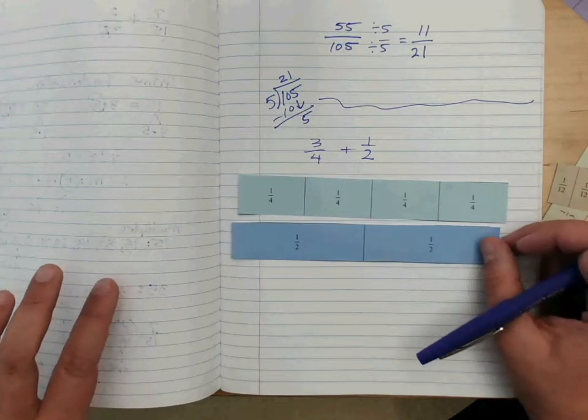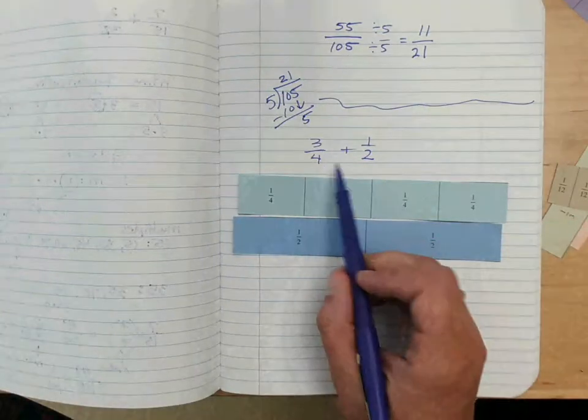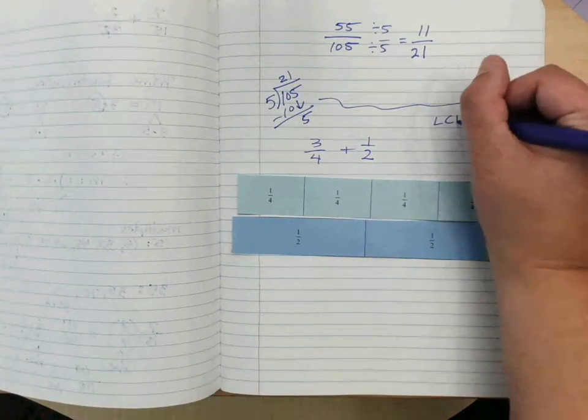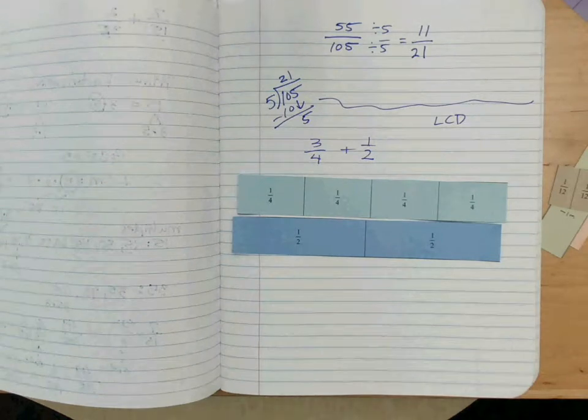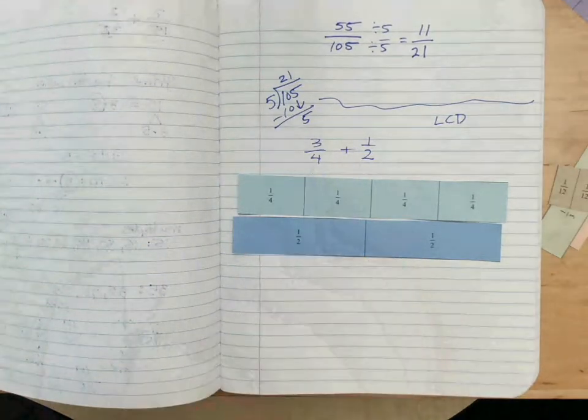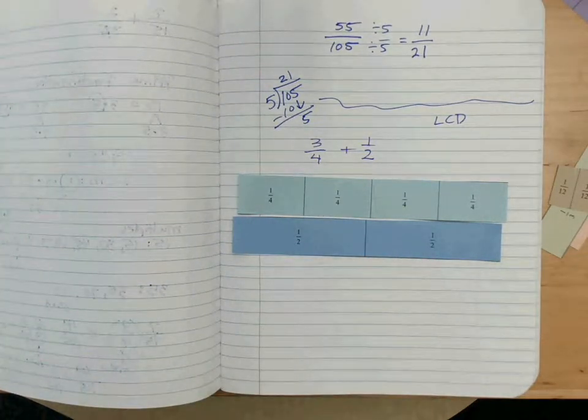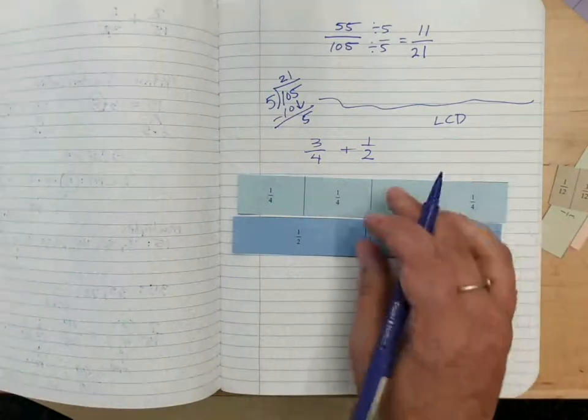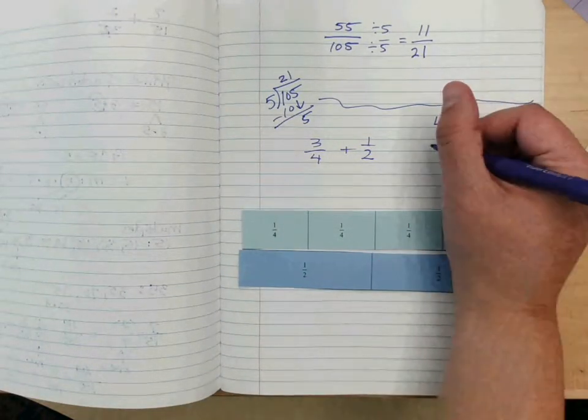So right away, if you notice, what would be the lowest common denominator between 4 and 2? We need to find a number that they both divide into. 2 goes into 2. Does 4 divide into 2? Or we could do multiples, right? Multiples of 2.